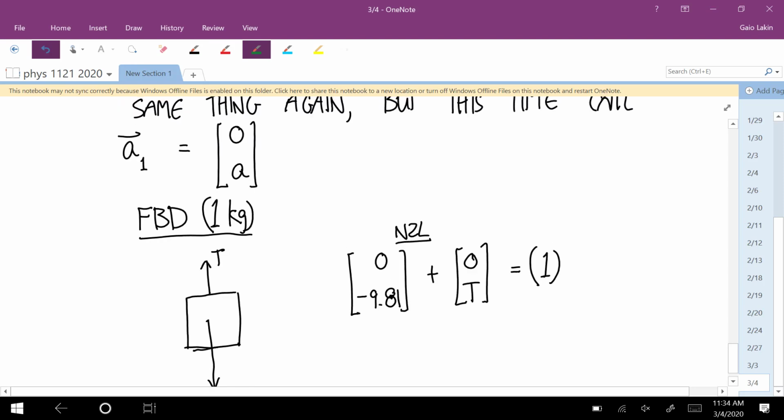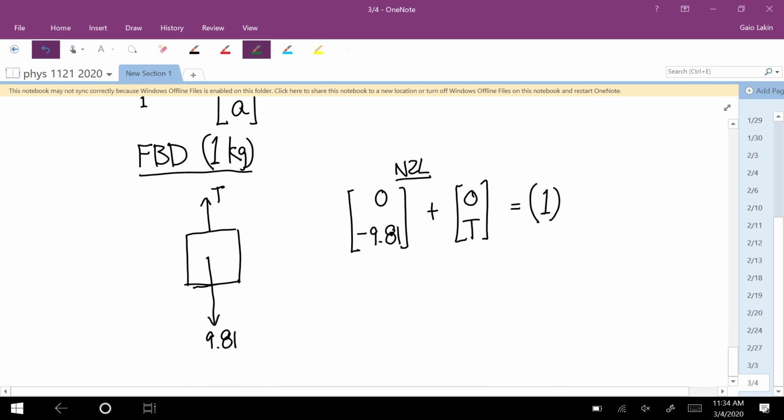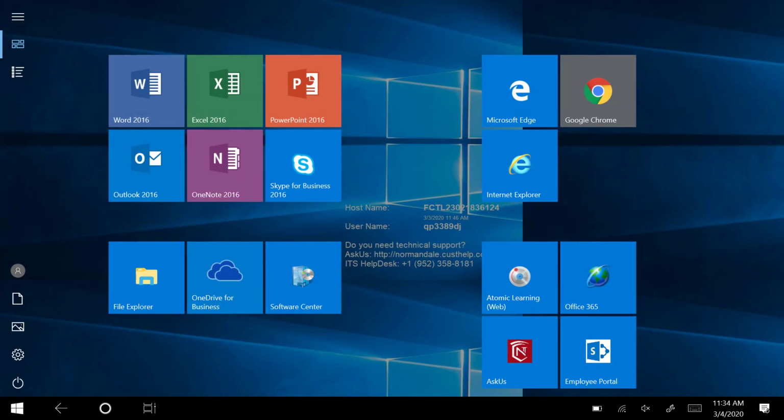But this time, since we're doing this first, the way we always think about this is, which way does it move, in the X direction or the Y direction? This moves in the Y direction, okay? So I'm just going to call this 0A.